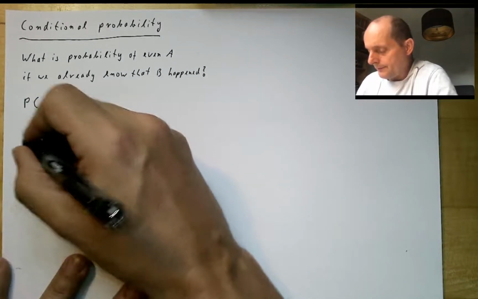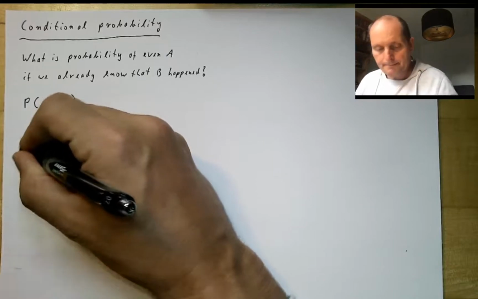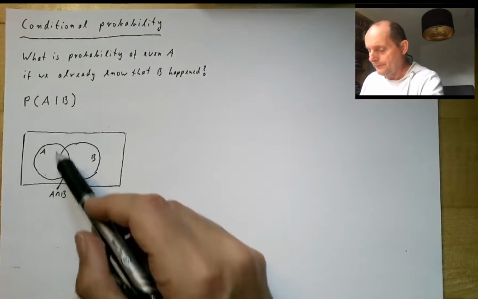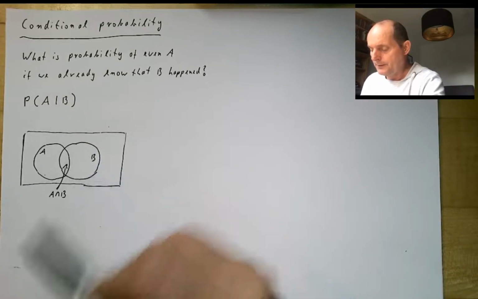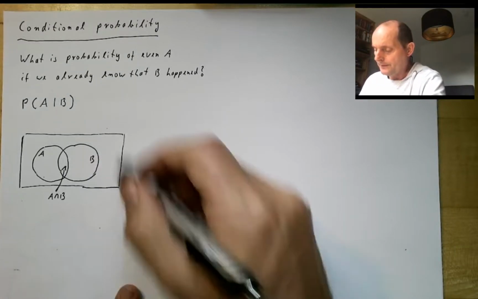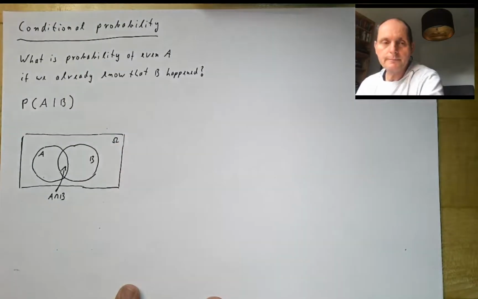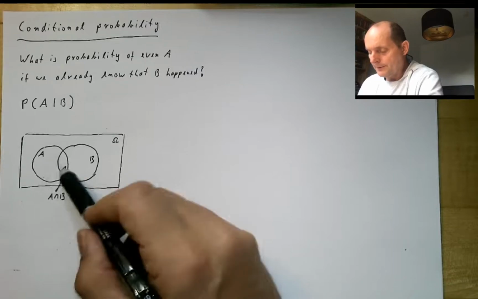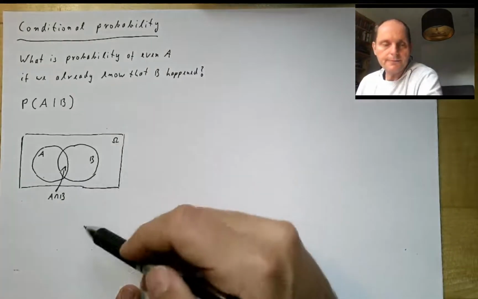So let's do a Venn diagram. Here you see a Venn diagram. We have event A and event B, and the sample space omega, and we know the probability of A is the area of A divided by the area of the sample space.